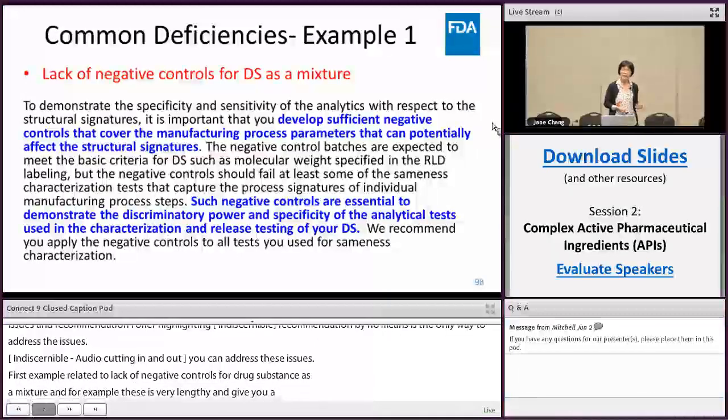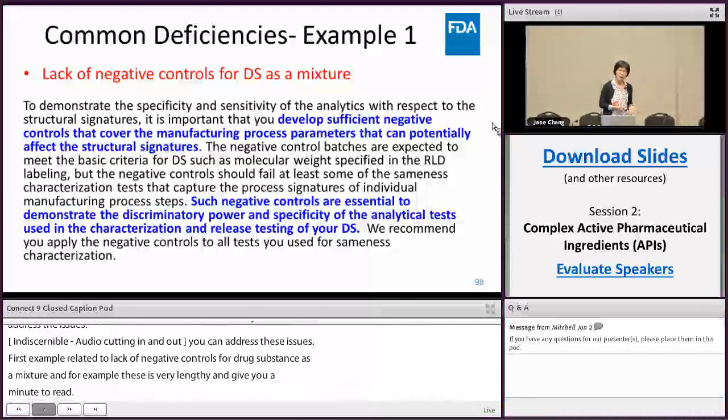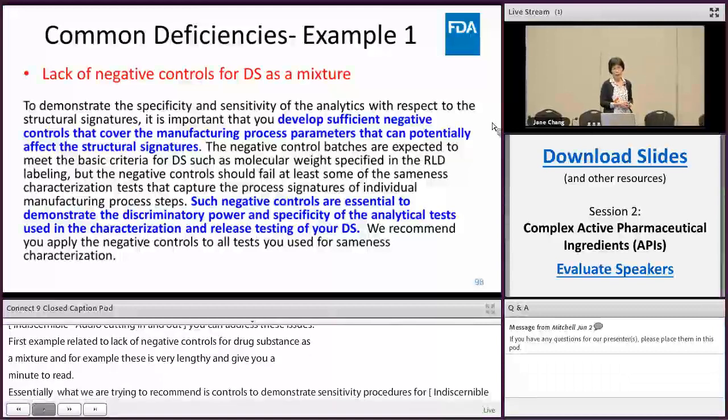So essentially, what we are recommending the applicant to do is use negative controls to demonstrate the sensitivity and the selectivity of their analytical procedures for sameness characterization. These negative controls should cover the critical process parameters that can potentially affect the structural signatures.